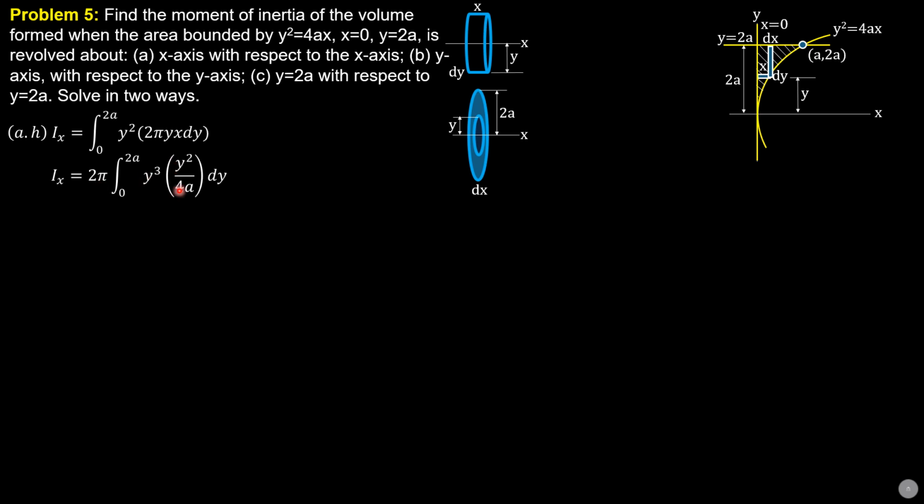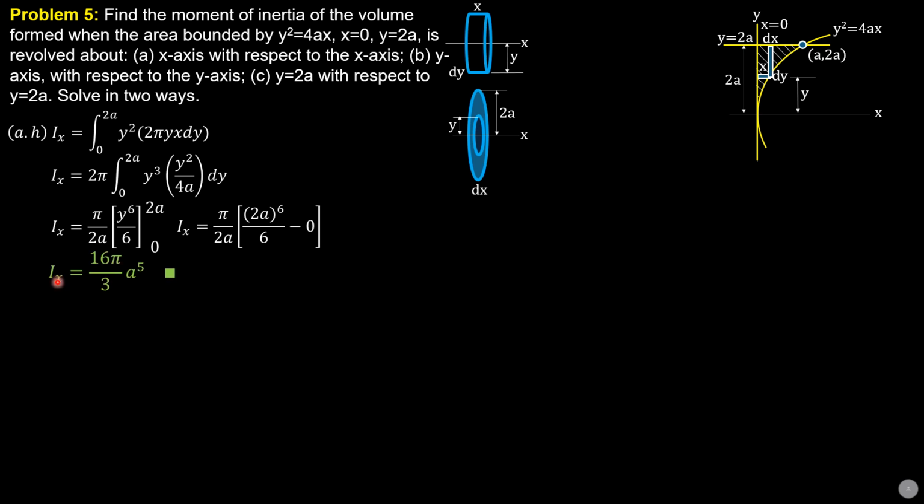The integral of y to the 5th is y to the 6th over 6 from 0 to 2a. So substitute pi over 2a, quantity 2a to the 6th over 6 minus 0, and that would be equal to 16 pi over 3 a to the 5th. So that's the answer to the first part.